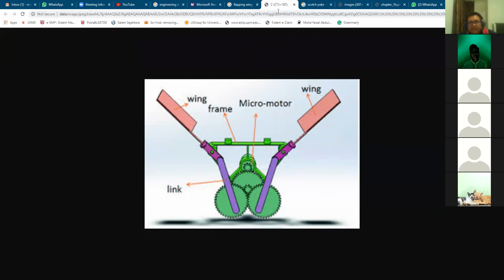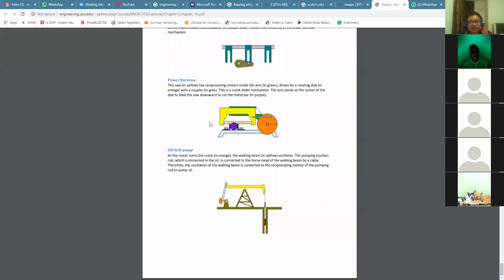Okay, and there are other designs, for example, like this one. Like this. Okay. This is the power hacksaw.